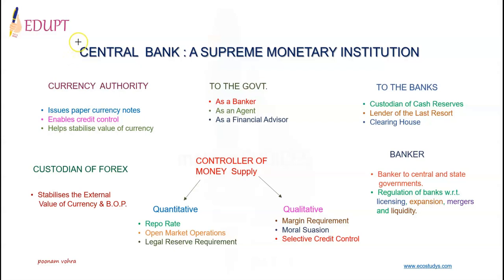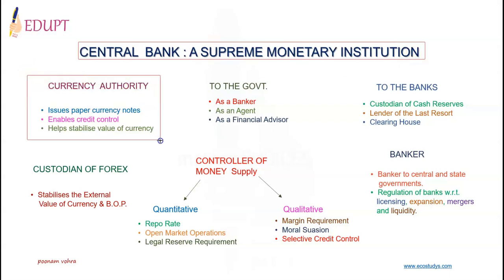Summarizing the functions of the central bank, that is Reserve Bank of India, it is the supreme monetary institution of the country. It has the sole authority to issue paper currency.